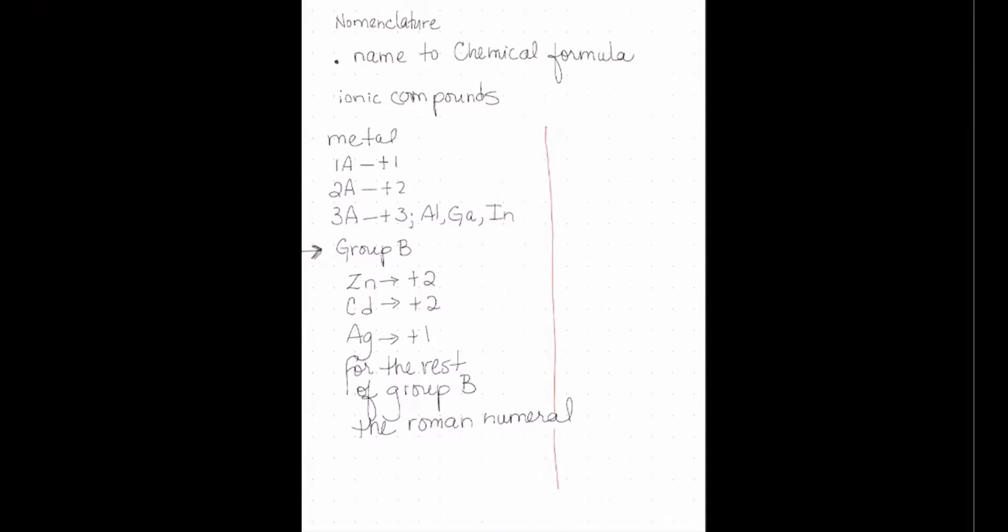And remember that the reason why for the metals we have this deal going on is because they form the cation. On the anion portion of your ionic compound, it could be a nonmetal, or we have polyatomic anions.